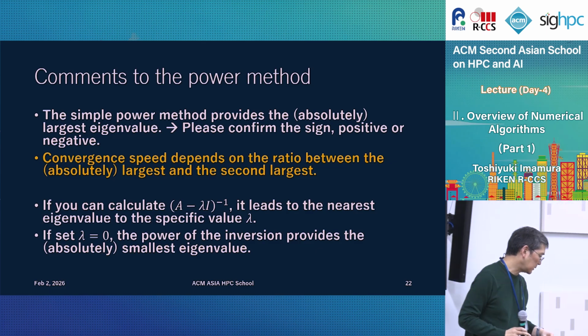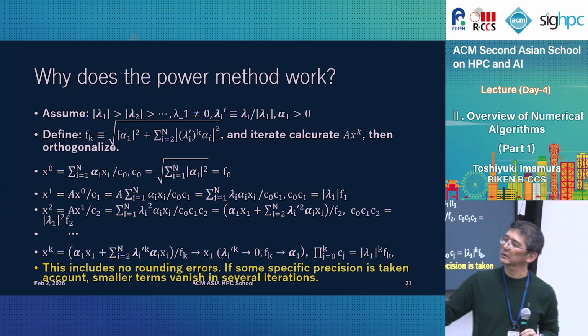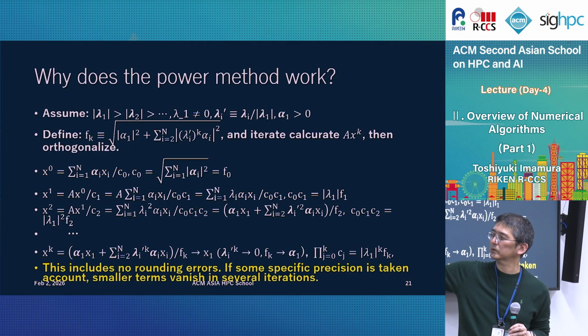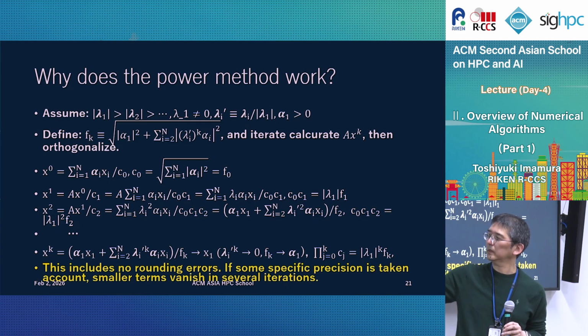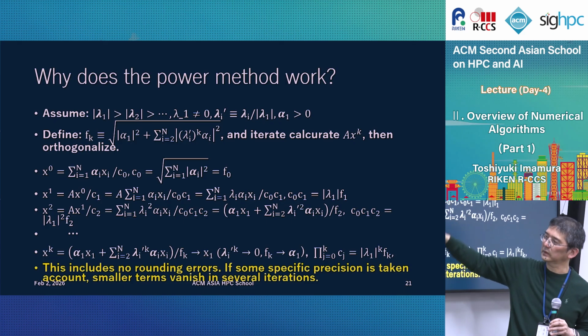You can see the previous page. The convergence depends on the distance. If these terms vanish very quickly, we don't need a large number of iterations.